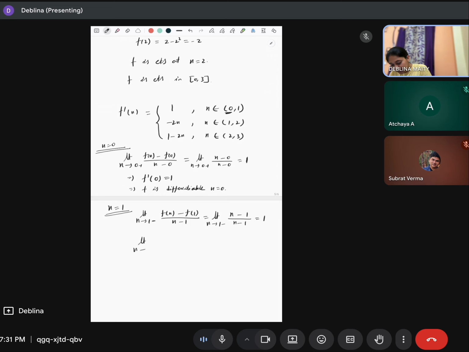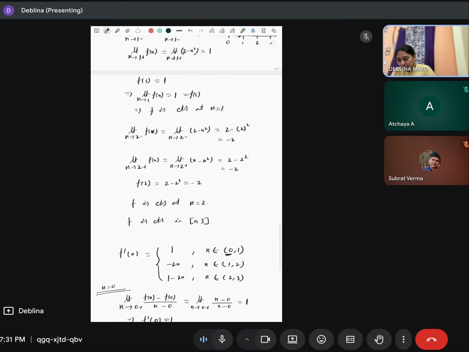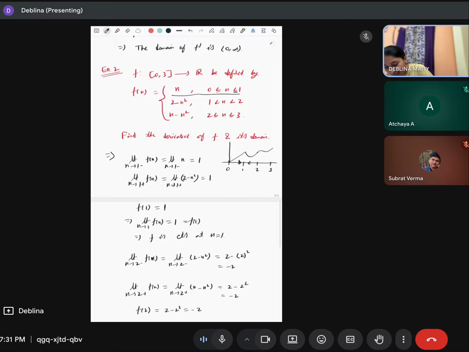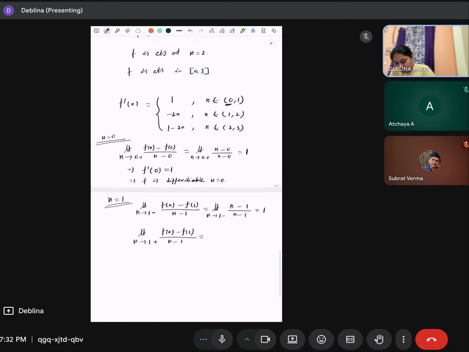Now let's take x goes to 1 plus. So we are approaching 1 from the right side. So the values are greater than 1. So we'll take this value, this 2 minus x square, right? So f(x) minus f(1) is 1, by x minus 1.